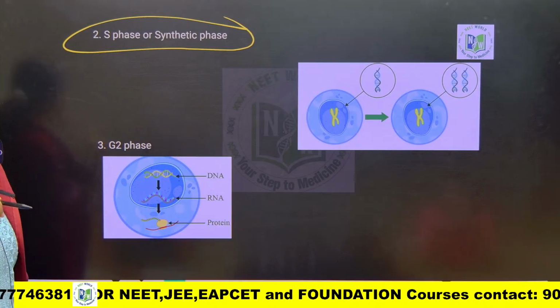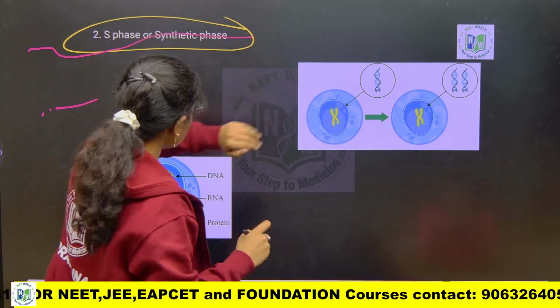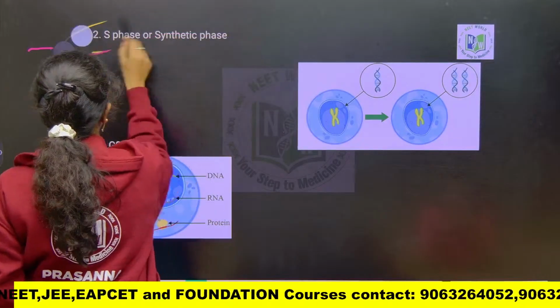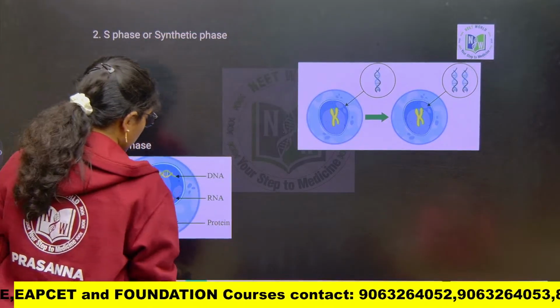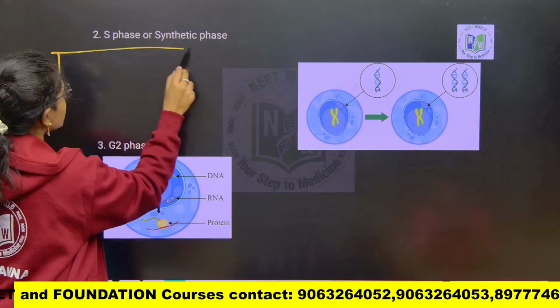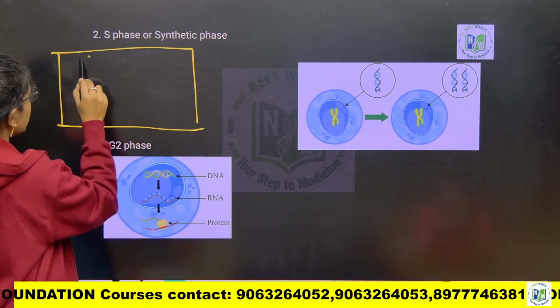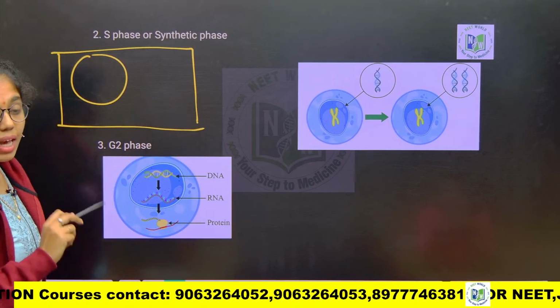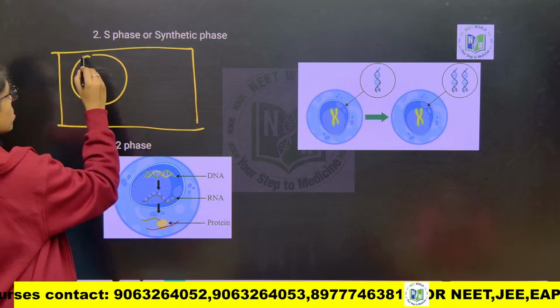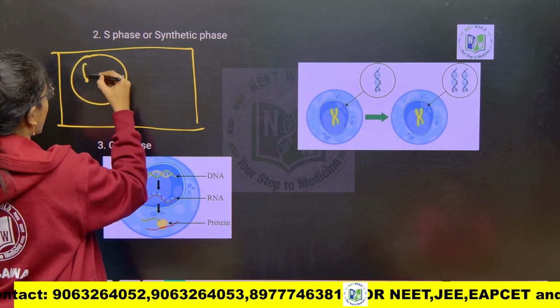In this S phase or synthetic phase, two major activities you have to remember. What are those two major activities? Listen carefully. Suppose this is a cell and this is a nucleus. In the nucleus, let us suppose this is one chromosome.